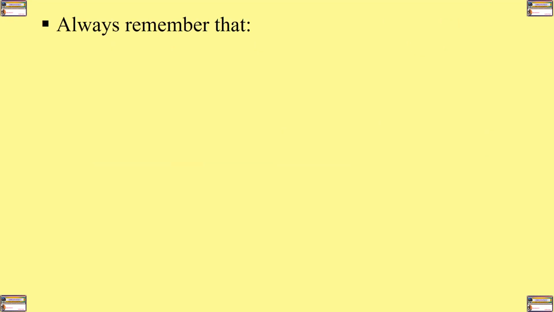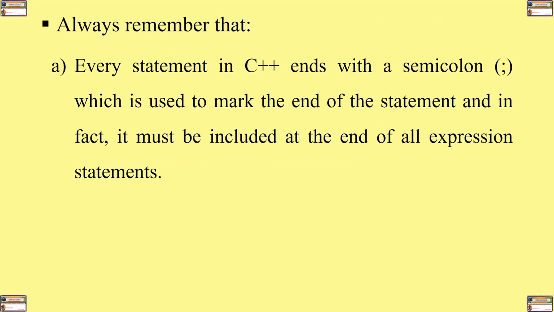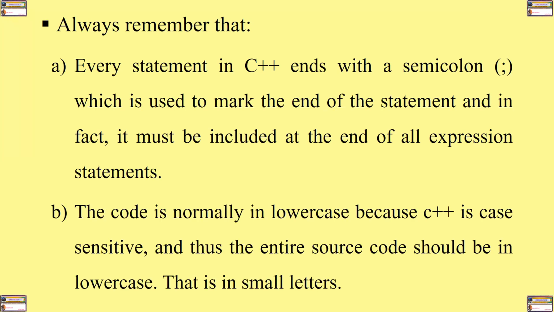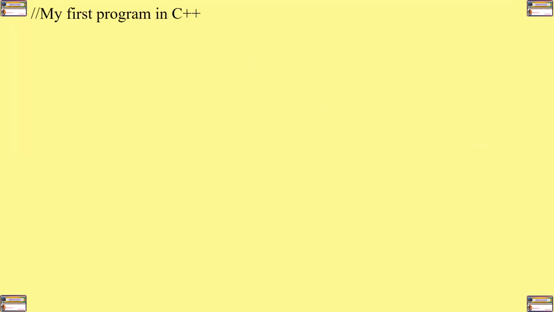Always remember that. Number one, every statement in C++ ends with a semicolon, which is used to mark the end of the statement, and in fact, it must be included at the end of all expression statements. Secondly, the code is normally in lowercase because C++ is case sensitive, and thus the entire source code should be written in lowercase, that is, in small letters.